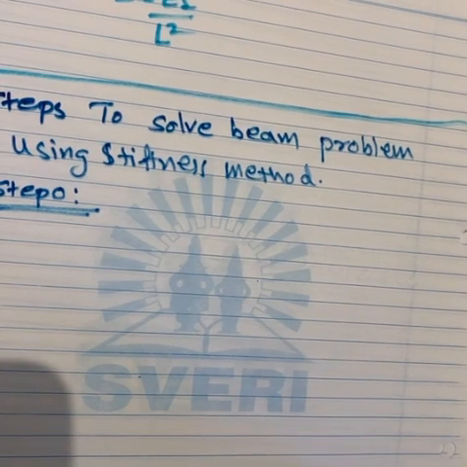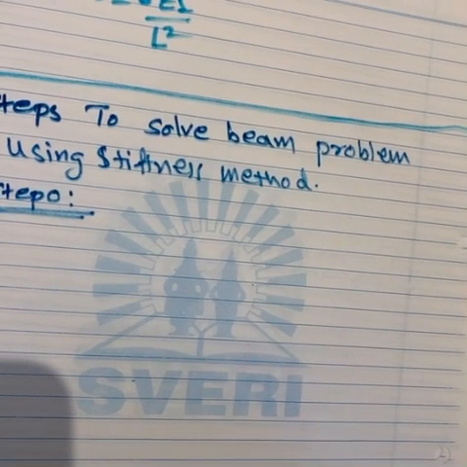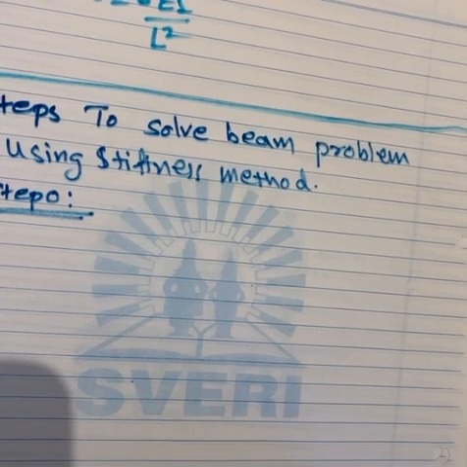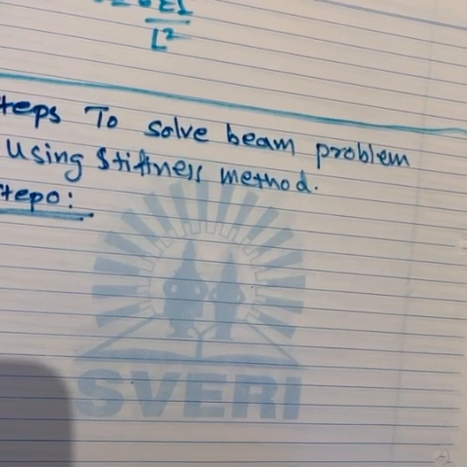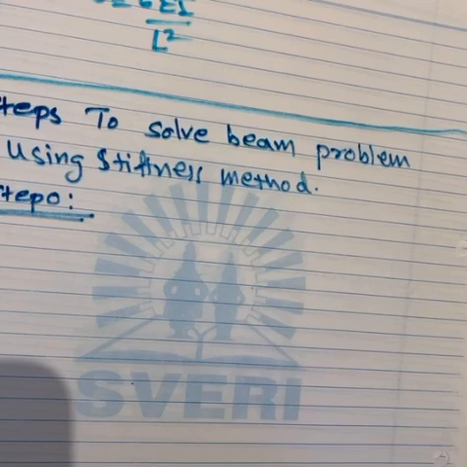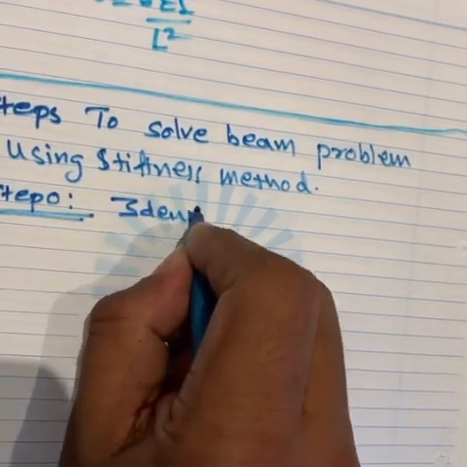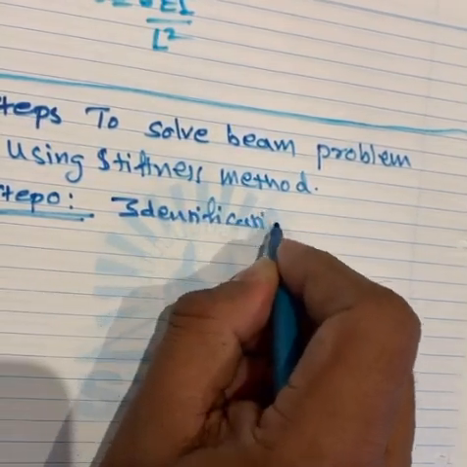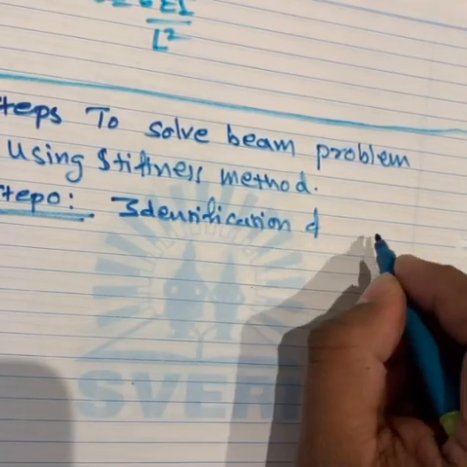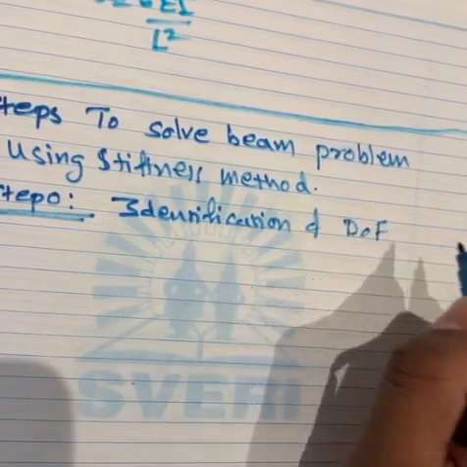If you recall, in the flexibility method we were using degree of static indeterminacy, and here we are using something called degree of kinematic indeterminacy or degrees of freedom. So step 0 is identification of degrees of freedom.